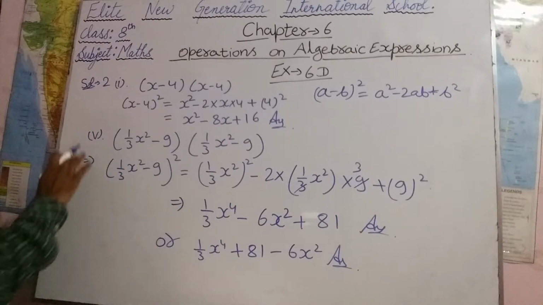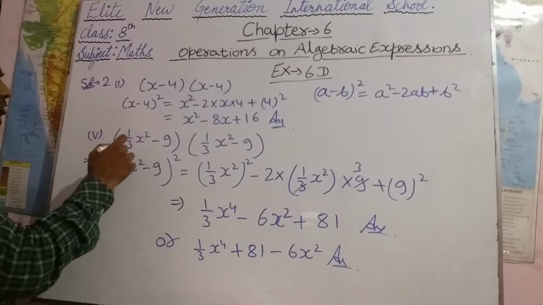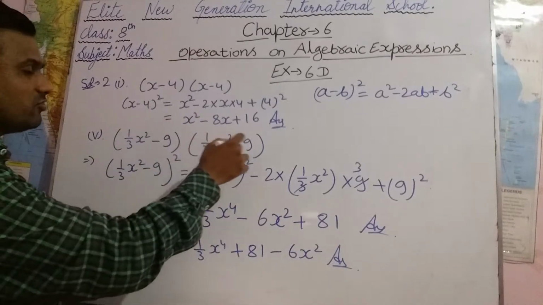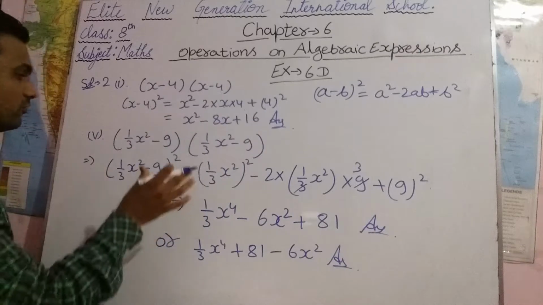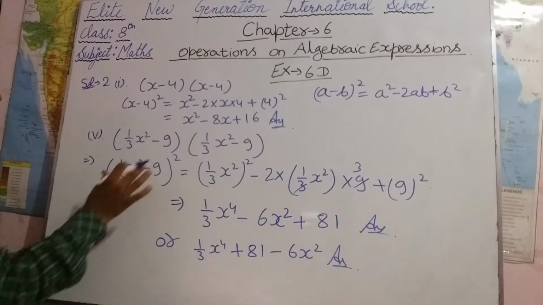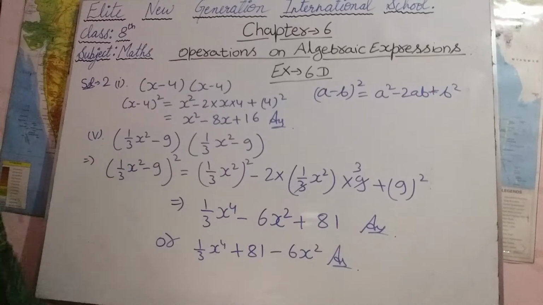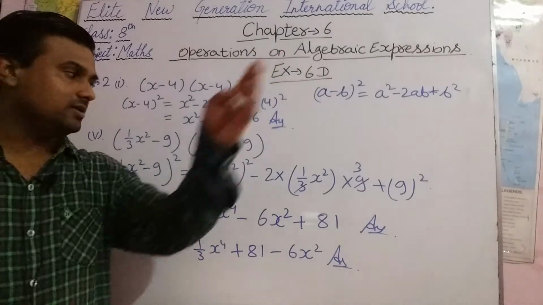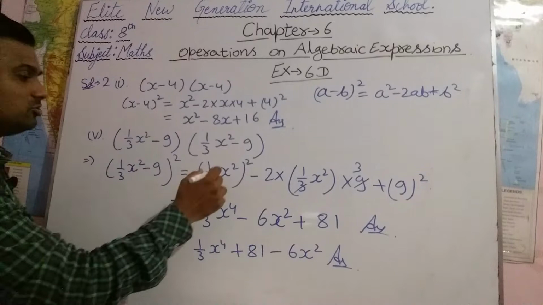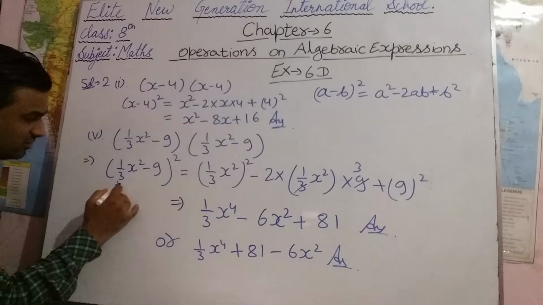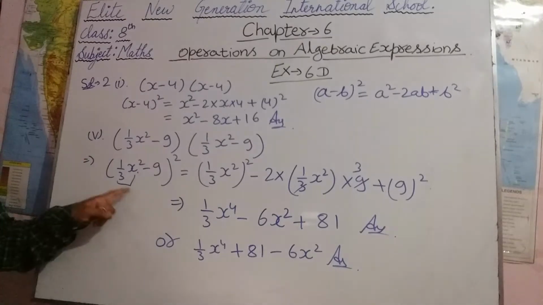Now after this, see the fifth part, that is 1 upon 3 x square minus 9 into 1 upon 3 x square minus 9. Here also we have to do multiplication. So first of all we can write it as 1 upon 3 x square minus 9 whole square. Now using the same identity, the value of a will be 1 upon 3 x square.